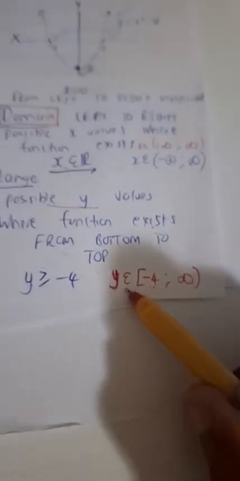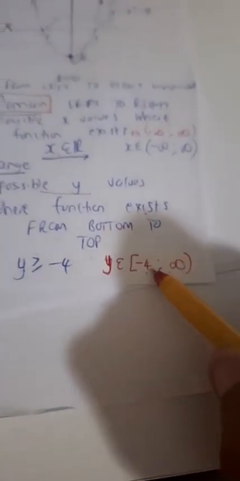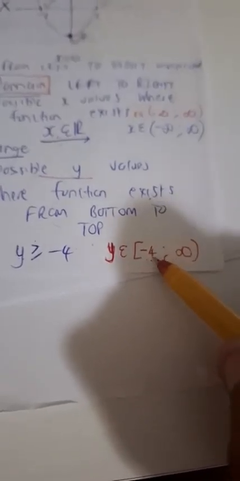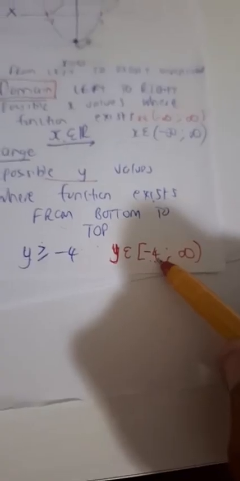In other words, y is an element starting at -4. These square brackets mean that -4 is included as part of the range. Now, infinity is simply a concept in mathematics that shows that it goes on endlessly with no end, forever and ever and ever.